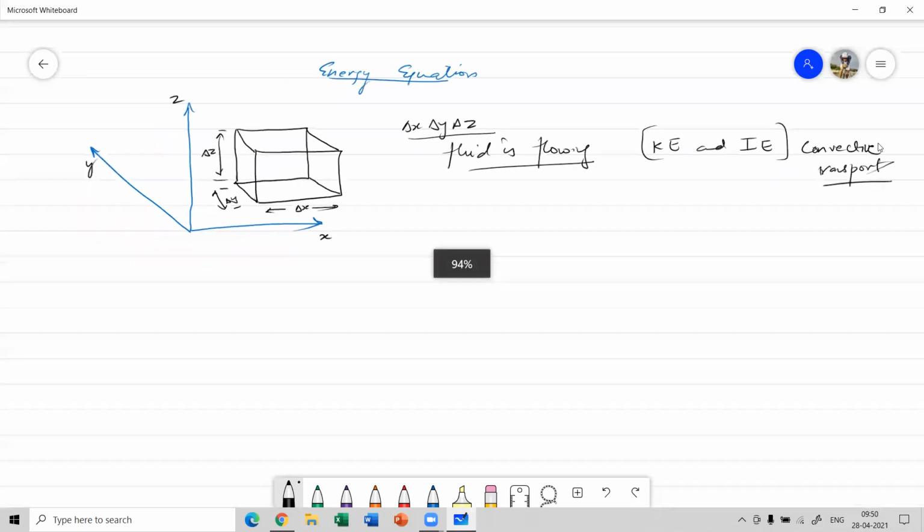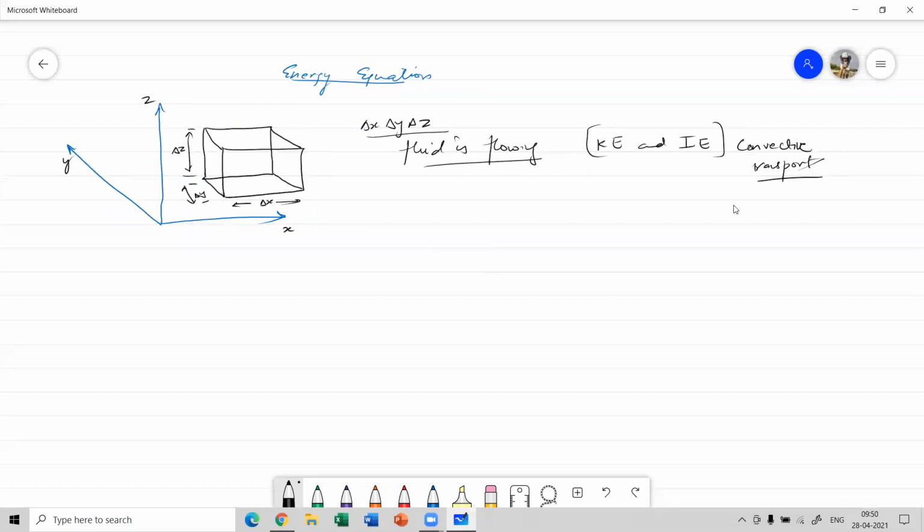Clear? So both kinetic energy and internal energy may enter into this small element. It may leave the small element via convective transport.